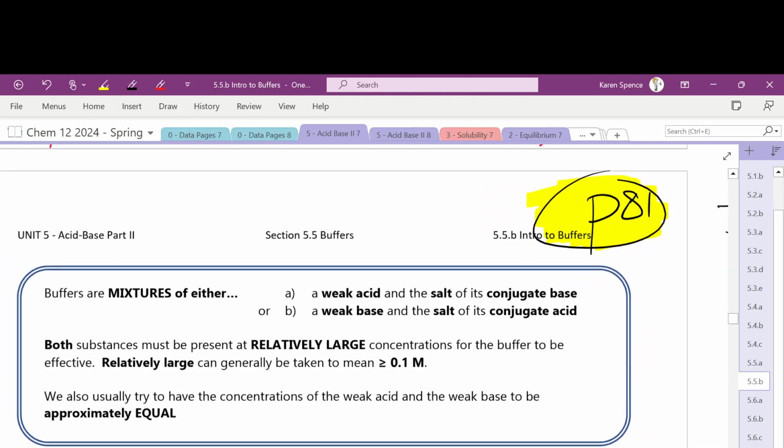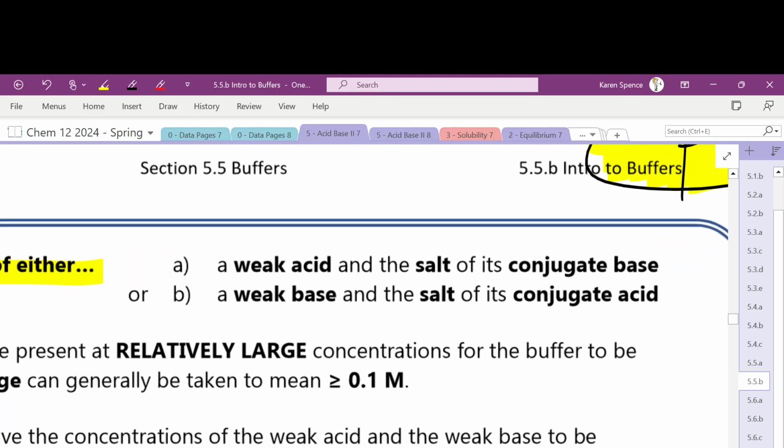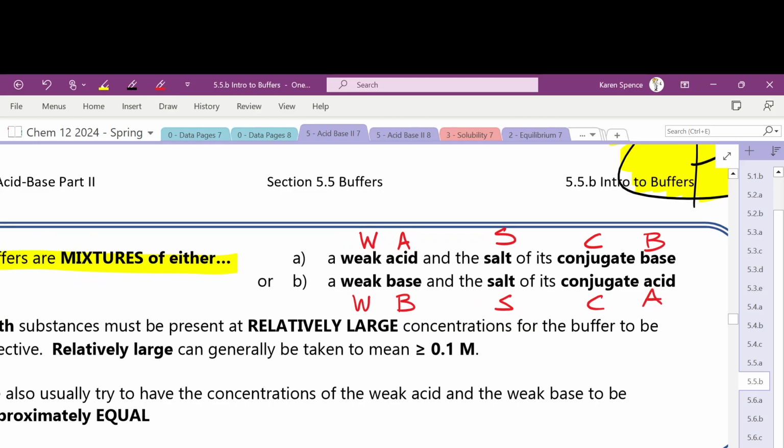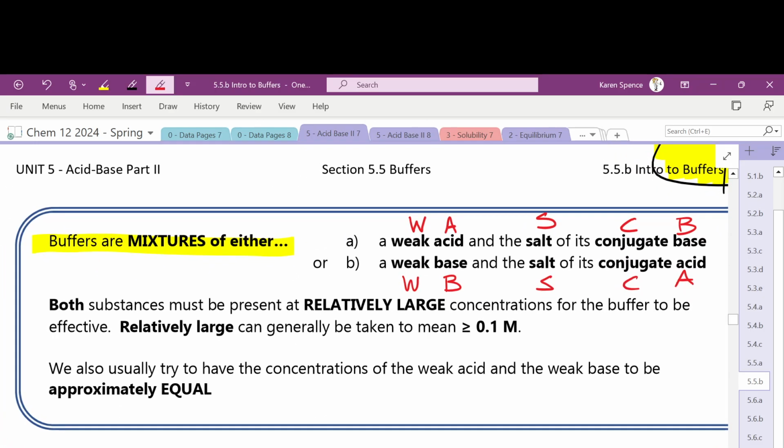If you remember from last day, buffers are mixtures of either a weak acid and the salt of its conjugate base, or a weak base and the salt of its conjugate acid, and everybody has to have a large concentration. And we usually try to have the concentrations of the weak acid and the weak base approximately equal.